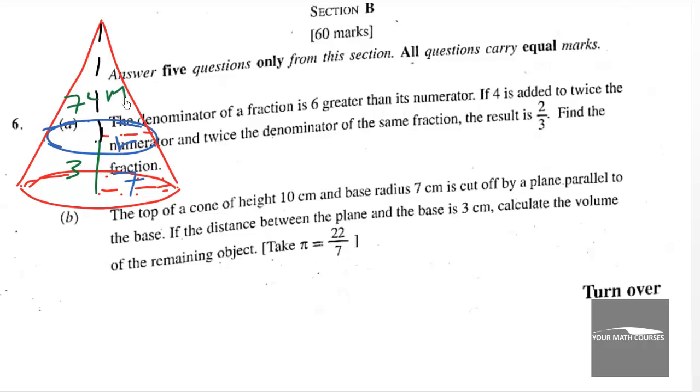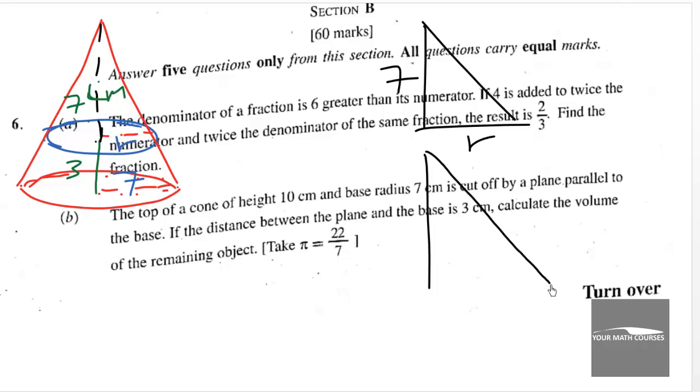Alright, so we can now calculate the missing radius, the radius of the smaller base, using similarity. So we can see that there's a similar triangle here, something like this. We have small r, we have 7, then we have another triangle, we have big R, which is 7 centimeters, and we have 10 here.